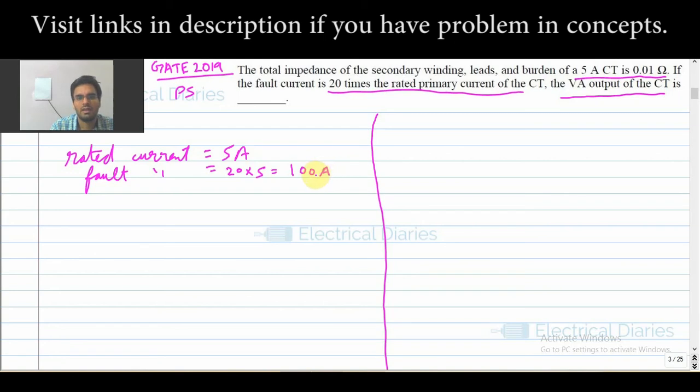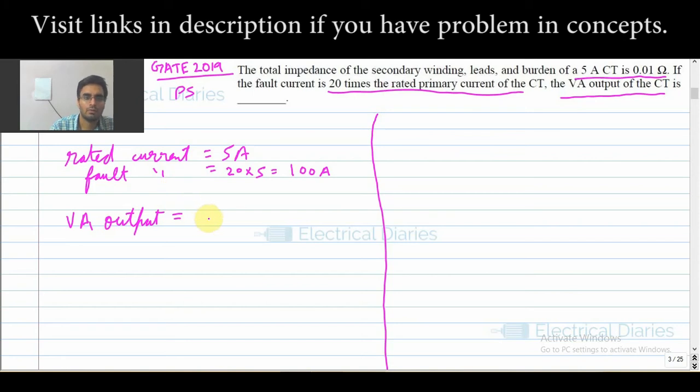Now what is being asked? The VA output of the CT. If you don't know anything, you can also just try and figure it out. These questions do not have negative marking. These are numerical answer type questions, so you can just figure it out.